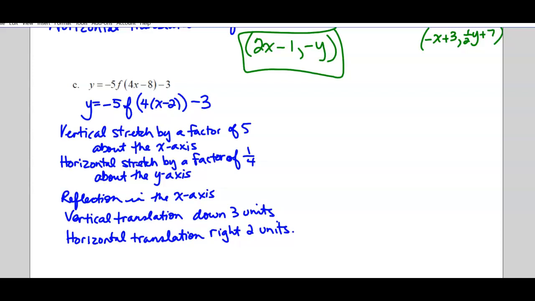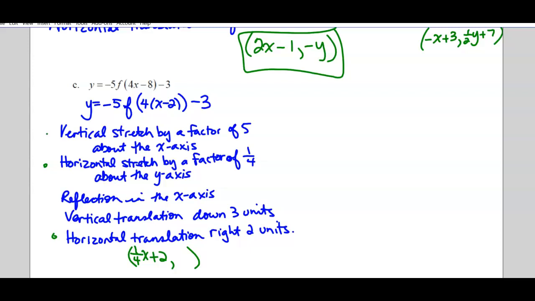So, if you want to go right to your mapping notation, you can. What you might want to do, okay, let's think about the horizontal translation. So that would be this and this, because this is reflecting in the x-axis. That's changing the y. So here, horizontally stretching by 1/4, and then right 2. You can go straight to that mapping form.